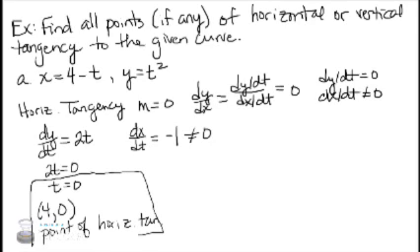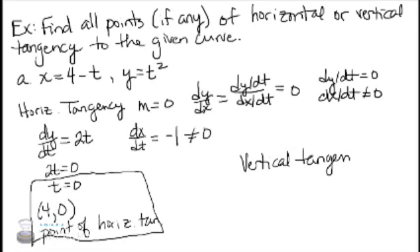But it also tells us that we're never going to have vertical tangency, because vertical tangency would occur when we have 0 in the denominator, so when dx/dt is equal to 0, but the numerator is not. That's never going to happen. So we have none.